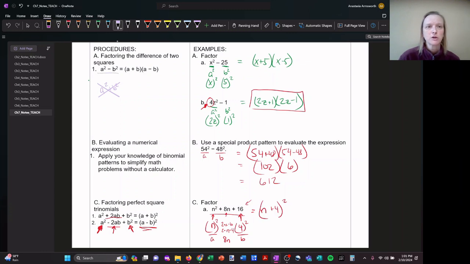Sometimes after learning this special pattern, students think that a plus b, the quantity squared, somehow gives them a squared plus b squared. And that does not work out. So please do not fall into that trap. Perfect square trinomials have 3 terms. The only kind of special pattern with 2 terms that we've learned about is the difference of 2 squares pattern.